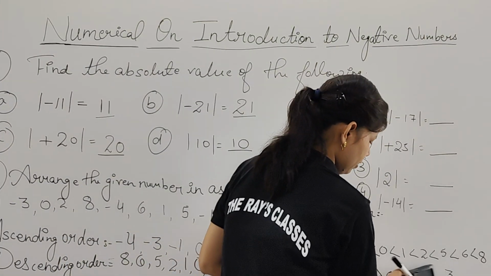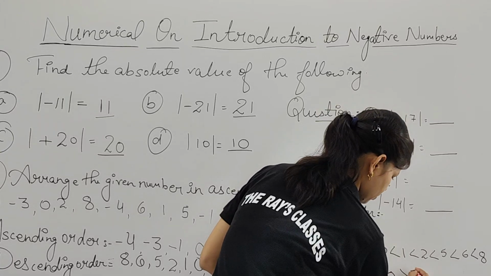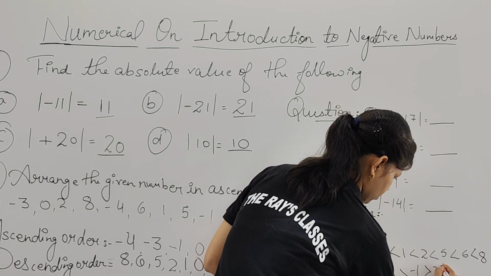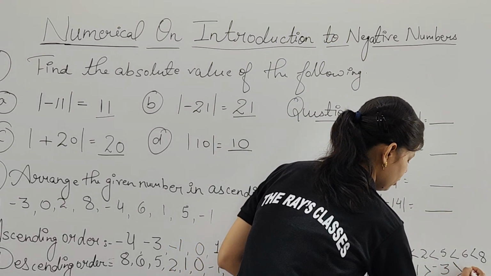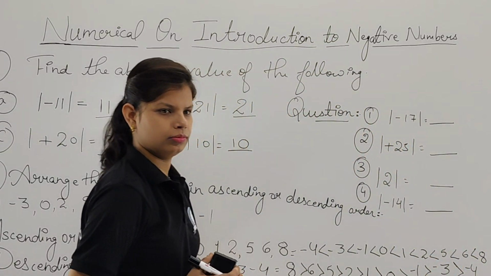After minus 1, what is there? Minus 3. And then at the last we are having minus 4.